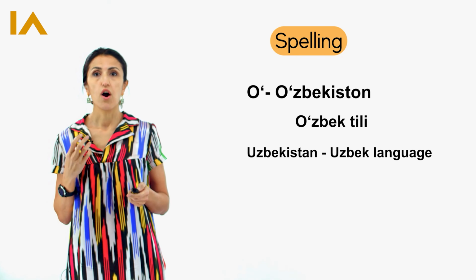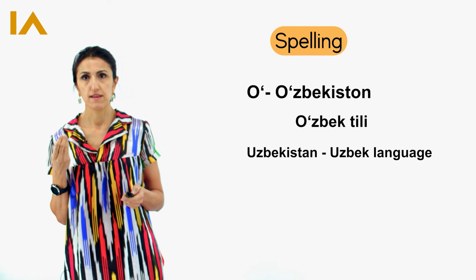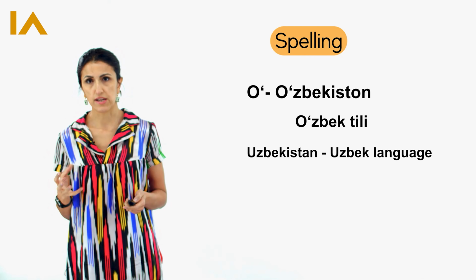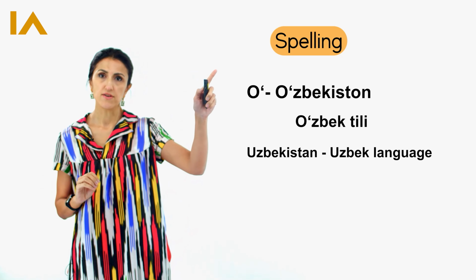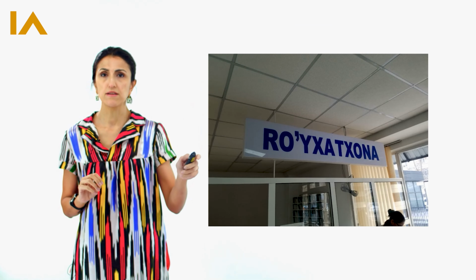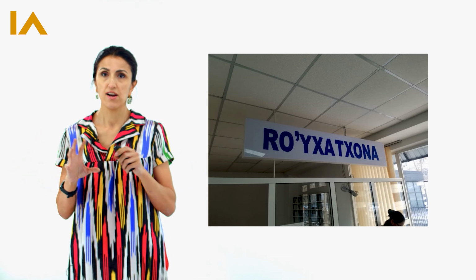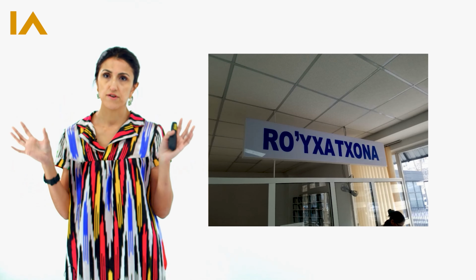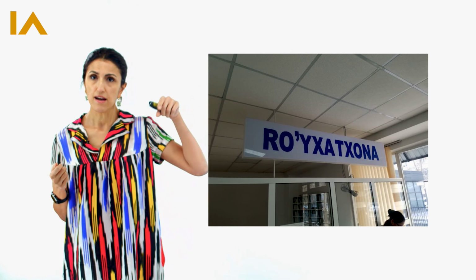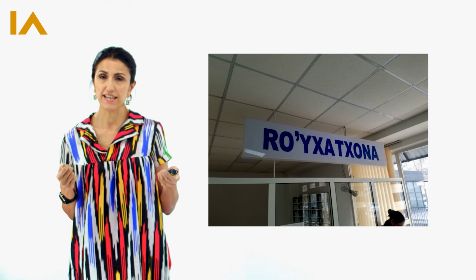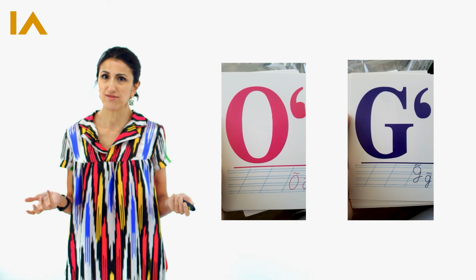So the word o'zbek, Uzbekistan, Uzbek tili, because this is the name of our country and the title of the language, the apostrophe may look like this. Sometimes you can see that in Tashkent, on billboards, on advertisements, on printouts. You can see it this way, the apostrophe looking like 9, tail down, or tail up. Which one is right?